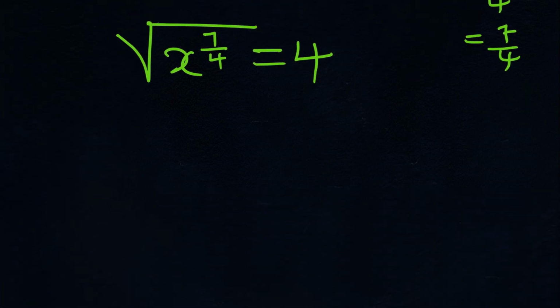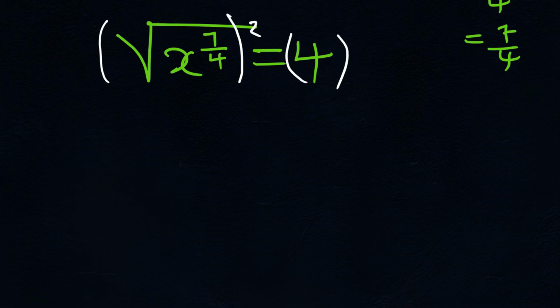Now at this step, you can either square both sides or convert the square root into the power of half, and then you multiply that half with the exponent of x. So either way, you are still going to get the same answer.